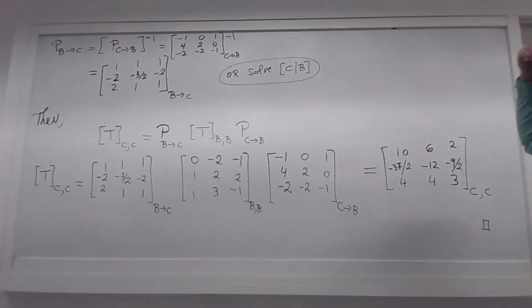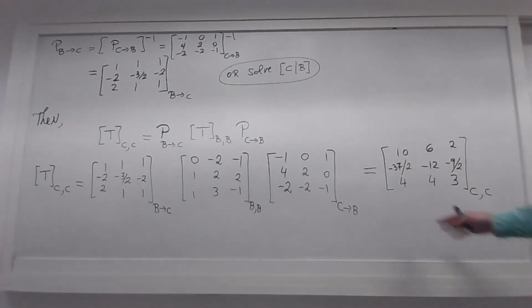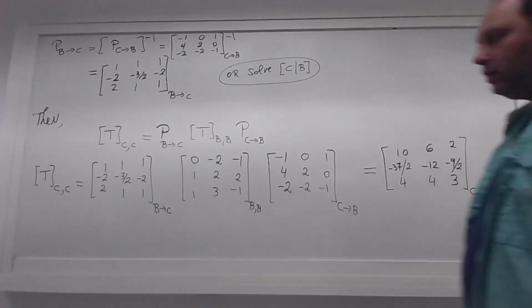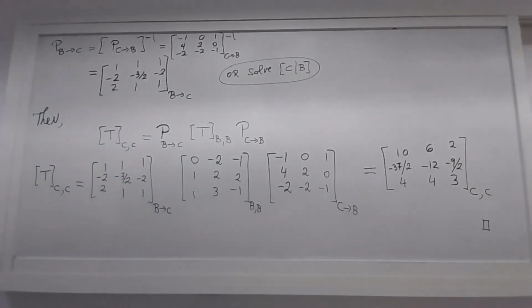It's going to take a while, and once you do all the calculation, hopefully without errors, you'll get this matrix here that is actually the representation matrix relative to the basis C of our linear operator T. So that's how we work with it. It's a lot of computation, but they are fairly elementary computations. It just takes time to do them.